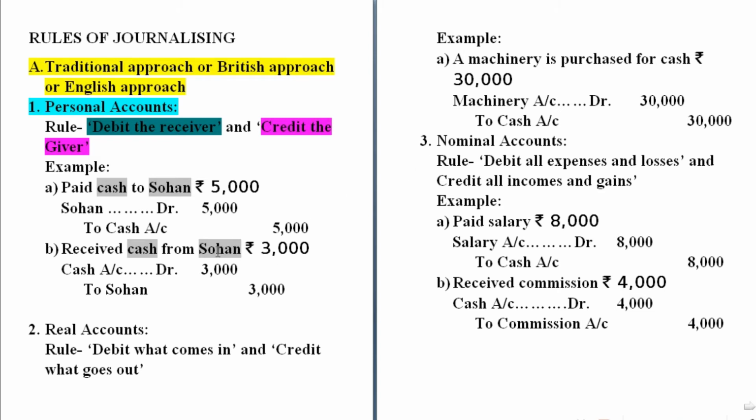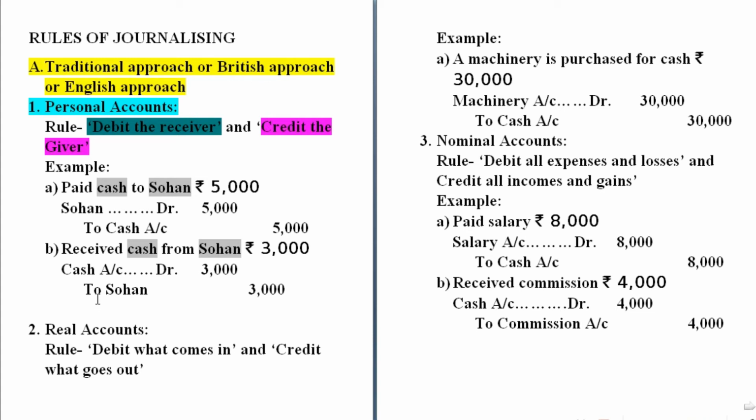So what is Sohan becoming now? Sohan becomes the giver. And according to the personal account rule, why are we following this? Because Sohan belongs to the personal account and we are now receiving cash from Sohan. So Sohan becomes the giver and we have to credit the giver.